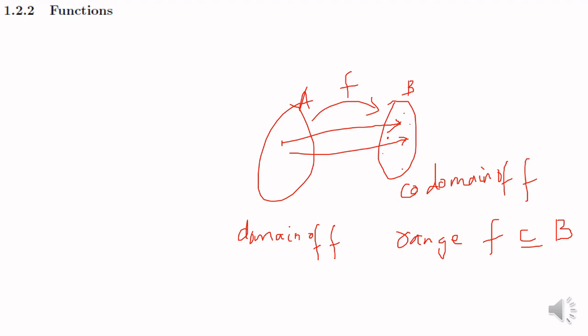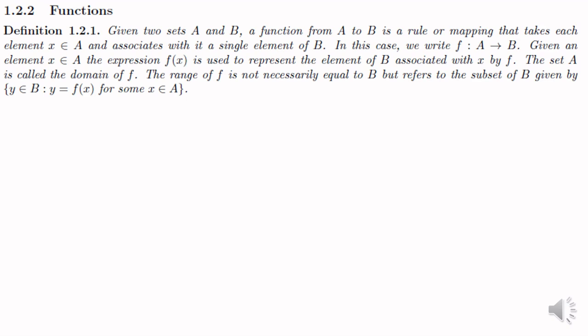Now, to put it formally, given two sets A and B, a function from A to B is a rule or a mapping that takes each element x in A and associates with a single element of B. In this case, we write f from A to B. I forgot to tell you this.